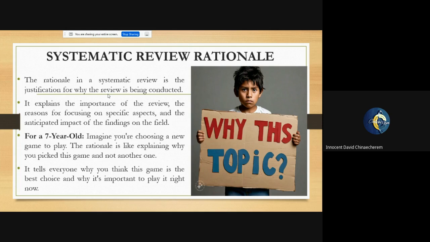So you can also be writing a systematic review because you feel that's the best approach. Most students who enroll in one-year MPH programs, some of these master's programs, sometimes find it very difficult to do primary research because of the time.